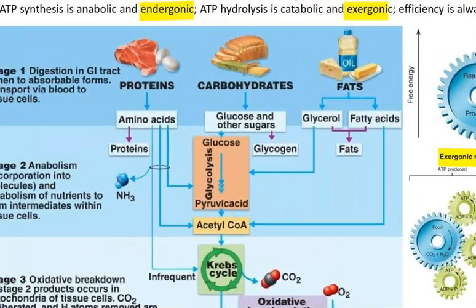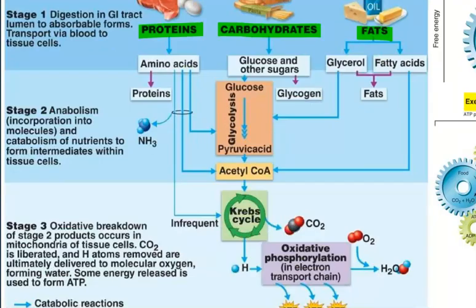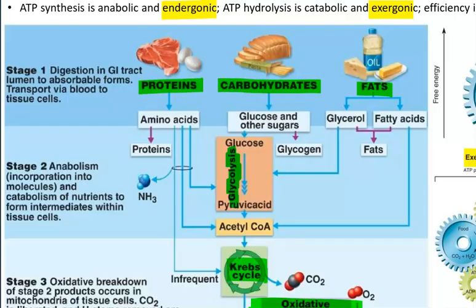So the whole idea here is that you have a bunch of nutrients, such as carbohydrates, which are central, fats, and proteins, which through a series of catabolic reactions contribute to the synthesis of ATP through three main steps: glycolysis, Krebs cycle, and oxidative phosphorylation as a part of an electron transport chain.